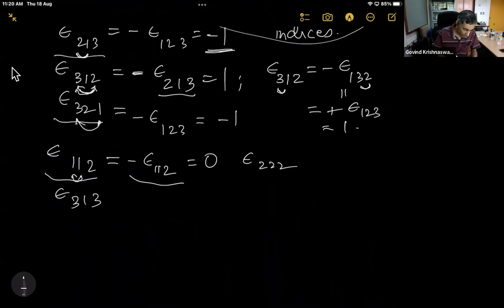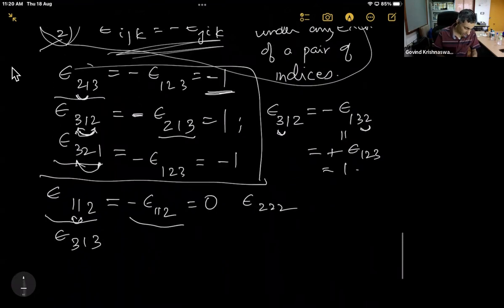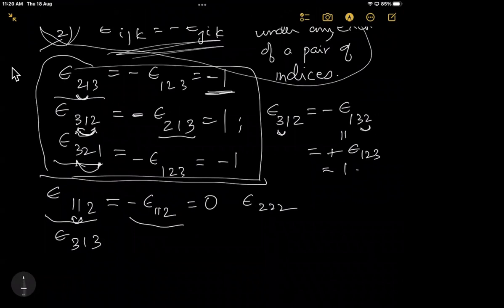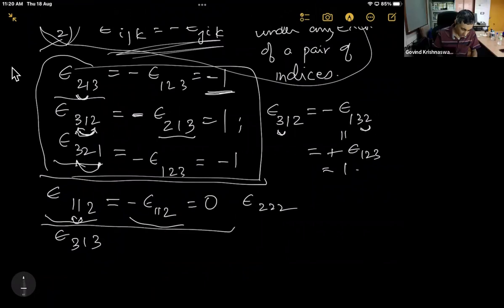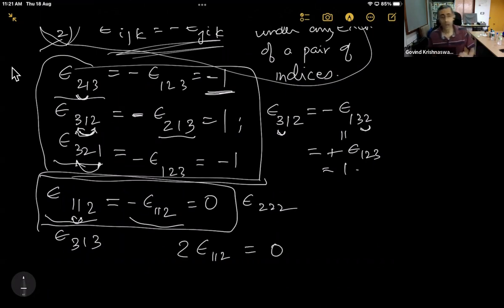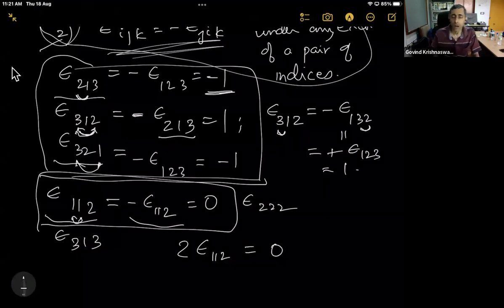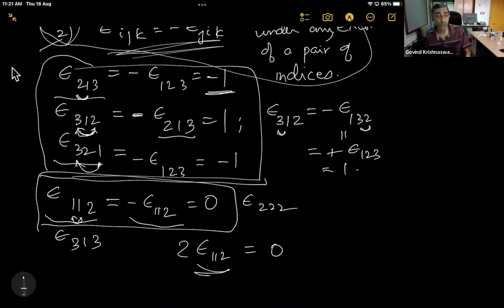At least up to this stage, I think there is no ambiguity. The given information is adequate to find all of these. Now your question comes at this stage. I think at this stage we have established that twice epsilon 112 is 0. I have not said that this is a number, and maybe your imagination carries you beyond and you want to think that it is something else.